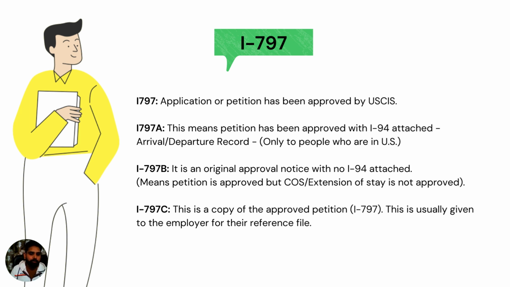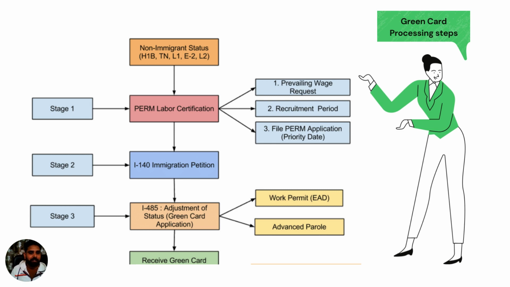Now we will move to the next process, our green card processing steps. In the very first step, the permanent labor certification is applied for. As we already discussed, a labor certification has the pay rate information, period, location, everything. Now the candidate applies for the permanent labor certification.